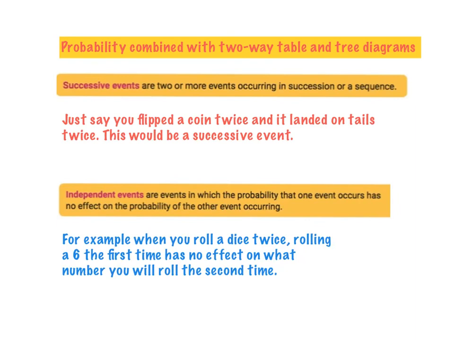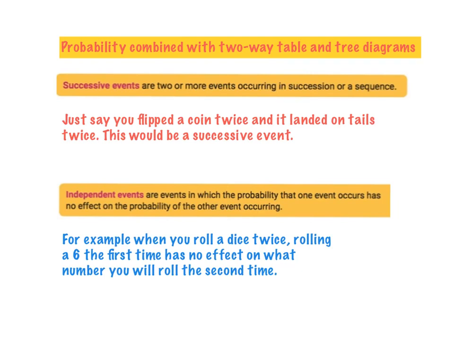Now the other definition we're going to look at is independent events. And these are events in which the probability that one event occurs has no effect on the probability of the other event occurring. Okay, so an example of an independent event is, just say you roll a dice twice, and the first time you roll a 6, this will have no effect on what number you're going to roll the second time.